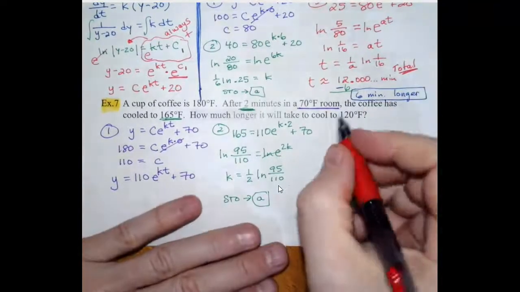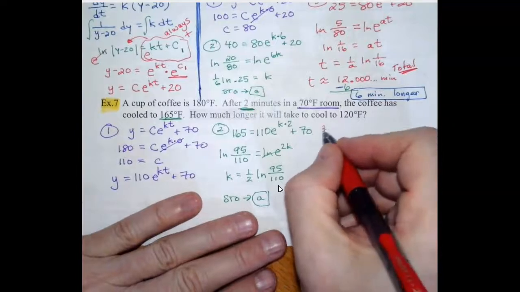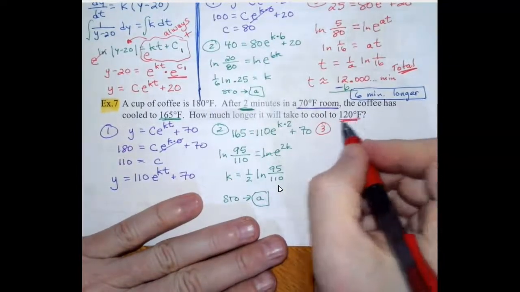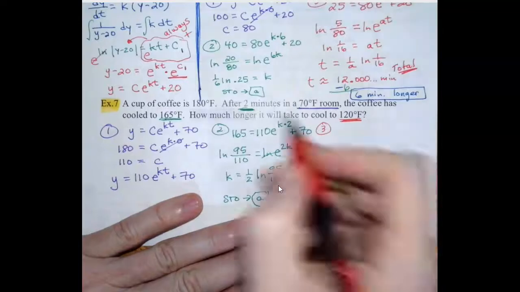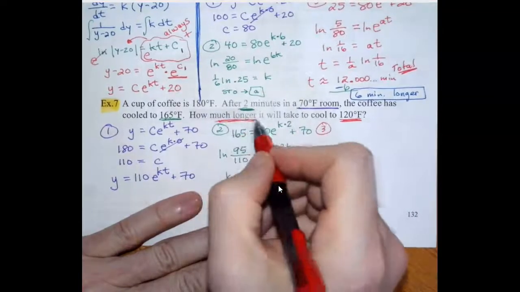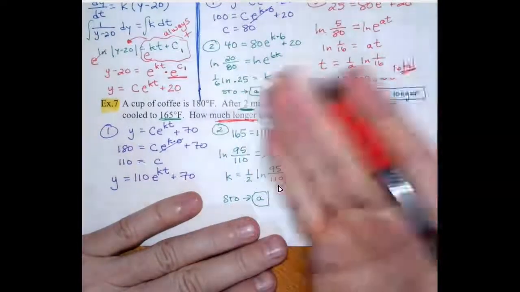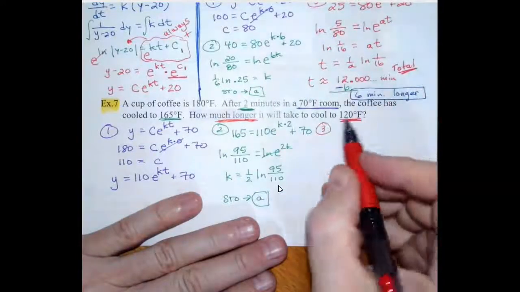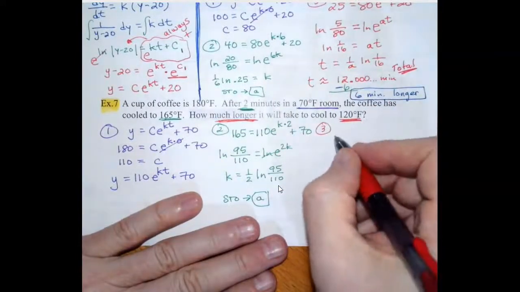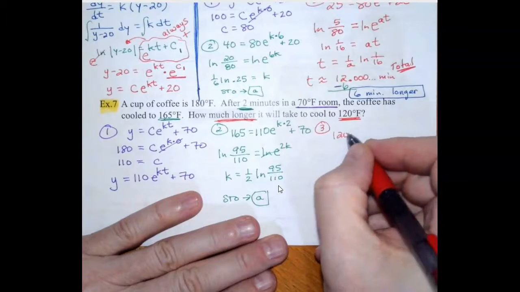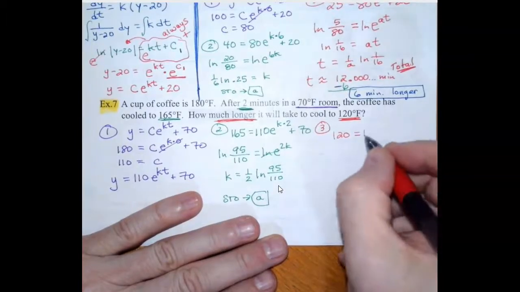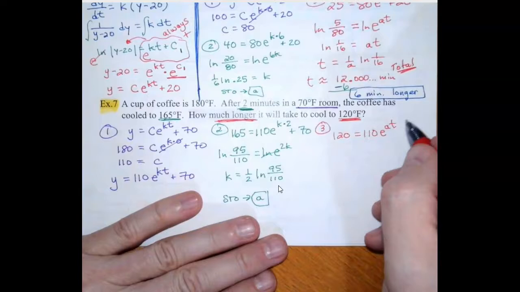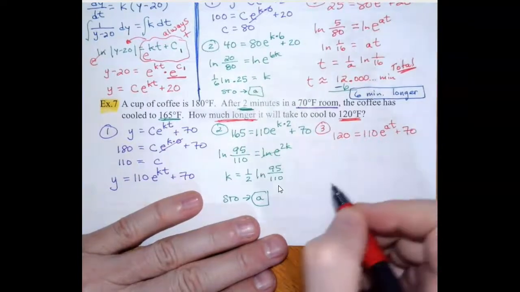Alright, and so we are almost done here. So, again, trying to hopefully do it without looking at that too much. So the final question here is, how much longer again? Be careful, it might not be how much longer, it just might be how long did it take. So you just have to make sure you read carefully and see what they're trying to find. So 120 equals 110 e to the at, plus 70.